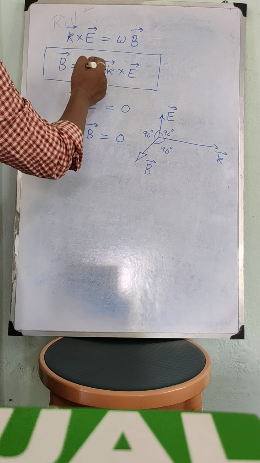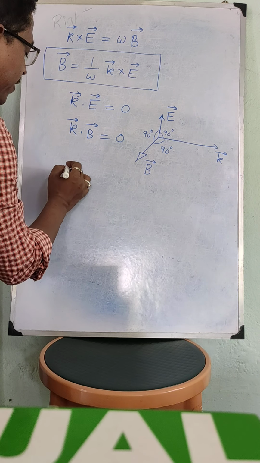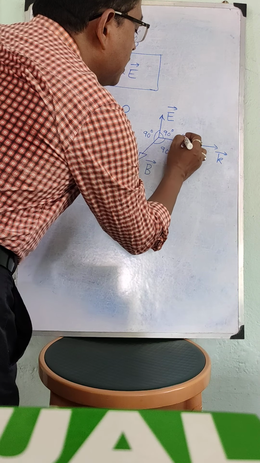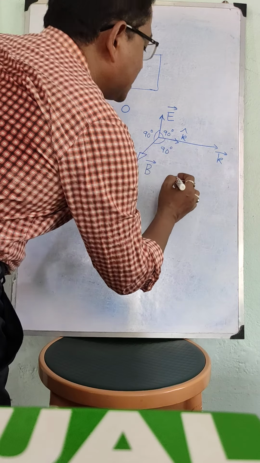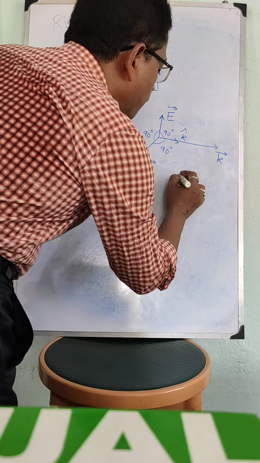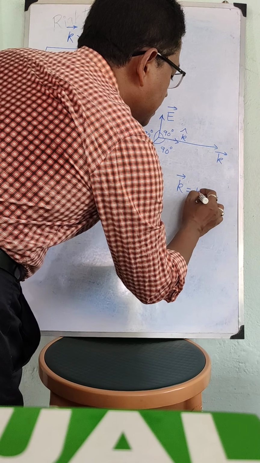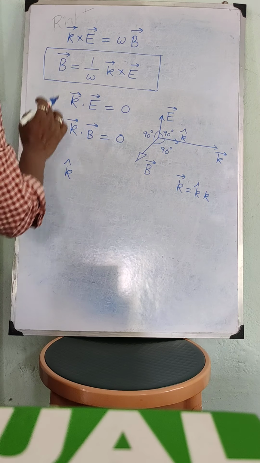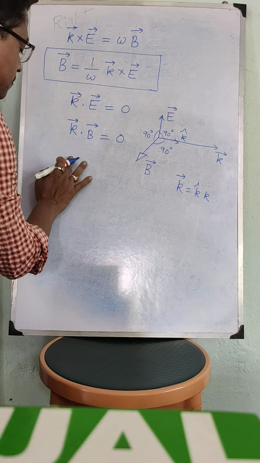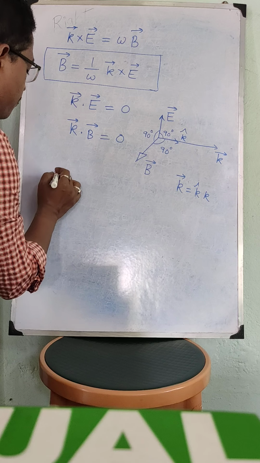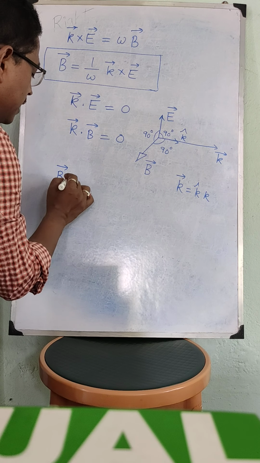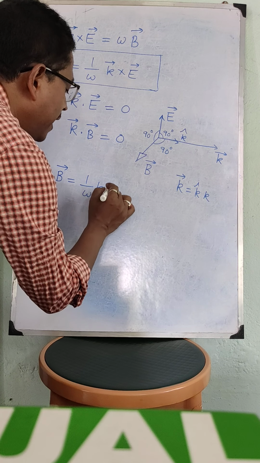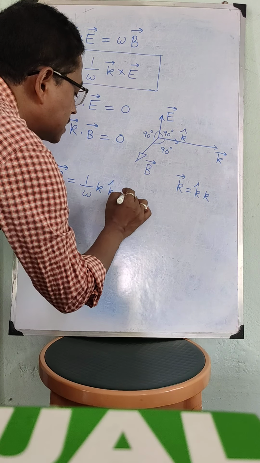Now, we can slightly modify this equation. See, if k cap is a unit vector in the direction of propagation vector, the propagation vector I can write as k cap into k. So this equation I can write as B vector is equal to 1 by omega k into k cap cross e.